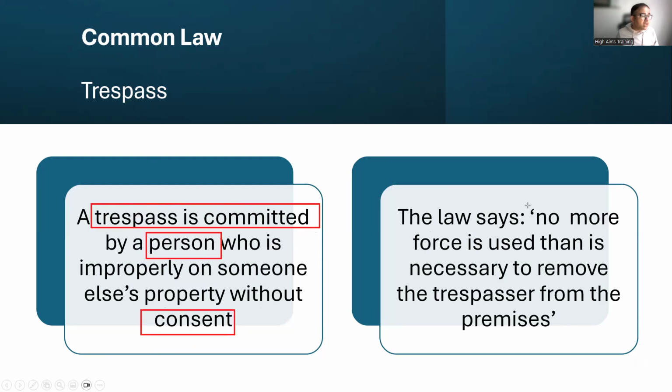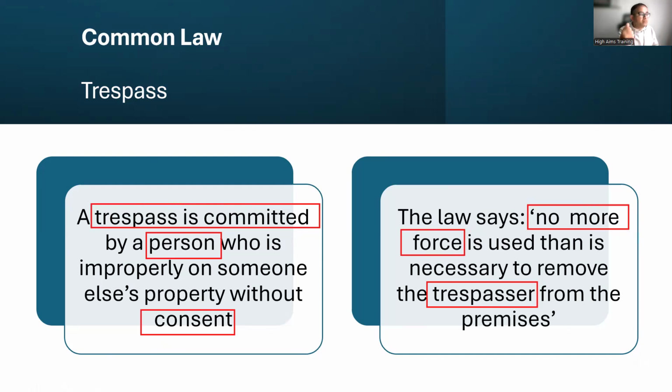Now the law says no more force is used than is necessary to remove the trespasser from the premises. Okay, so for example, if somebody's on your farm or in your property, if you can just escort them out, that's fine. But if they become a threat for you, then obviously you can use force proportionate to what you are facing, right?